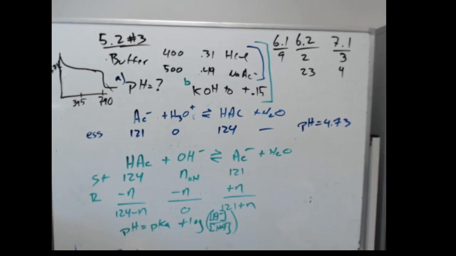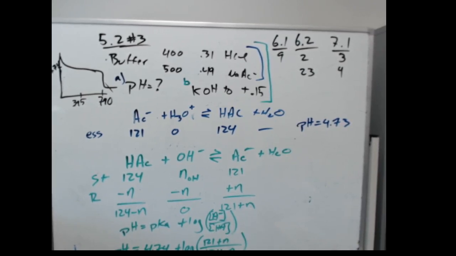I'm going to get pH is equal to 4.74 plus log of 121 plus n divided by 124 minus n. I have to solve for n. Now, right now, I've got two things to solve for. I don't have my pH, I don't have my n. But I know I want my pH to go up by 0.15, so I can actually figure that out.